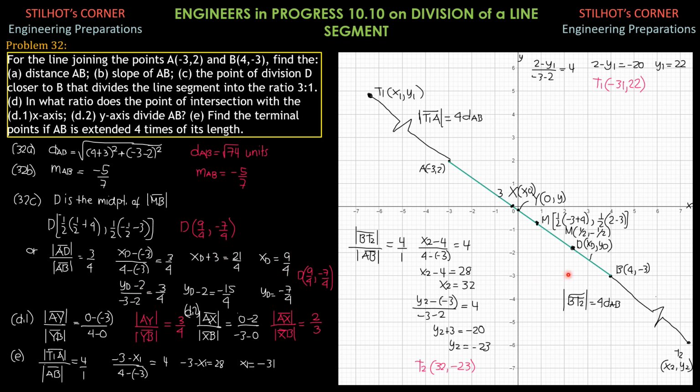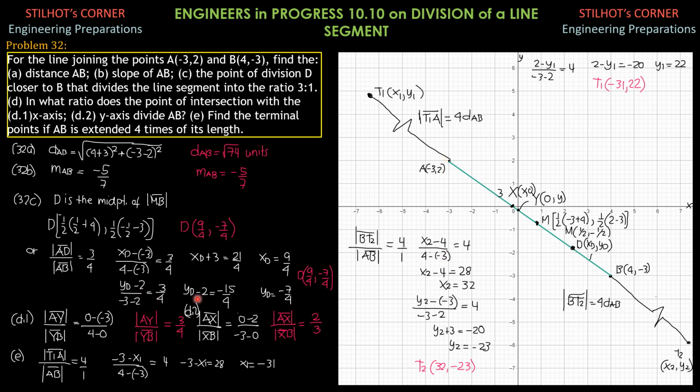Then likewise, for the y coordinate, we have yd minus 2. So the ratio of AD to AB is also 3/4, and this time we use the y projection. So yd minus 2 over negative 3 minus 2, the vertical projection of AB, is 3/4.